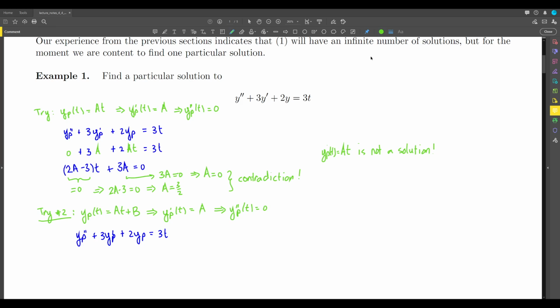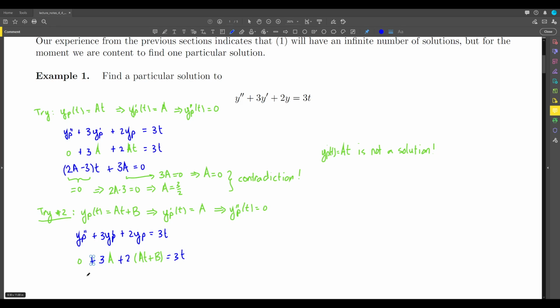Now we're going to plug in what we know. yp'' is 0, yp' is a, and then we have 2yp, so we have (at + b) times 2. So 0 + 3a + 2(at + b) = 3t.